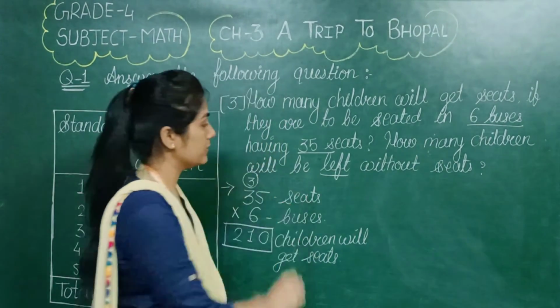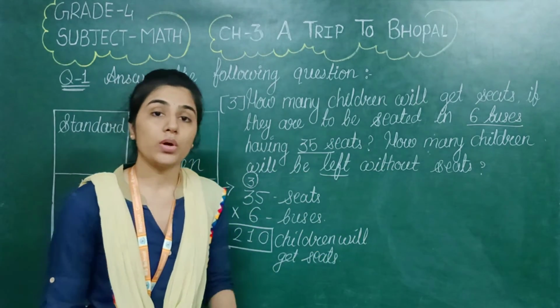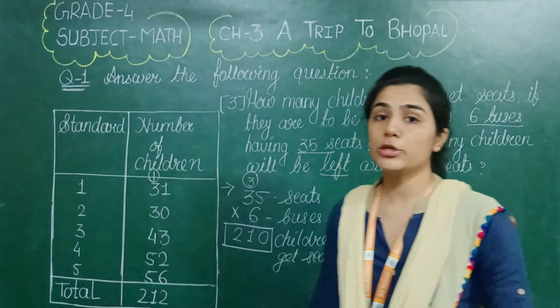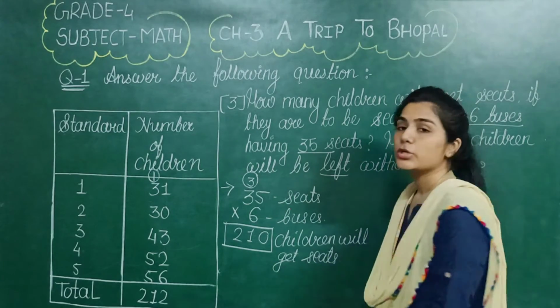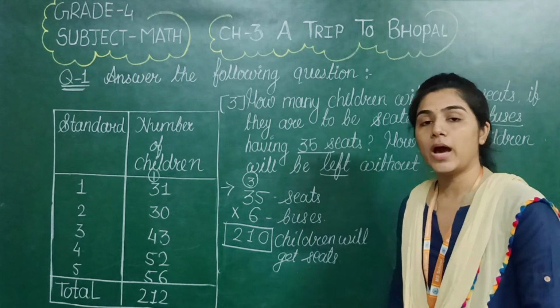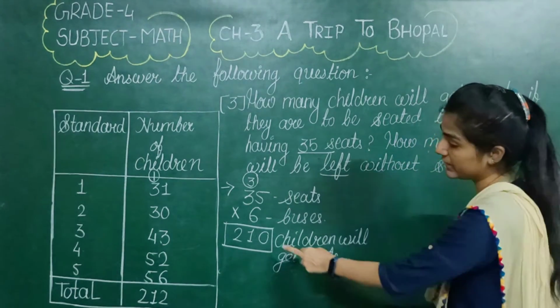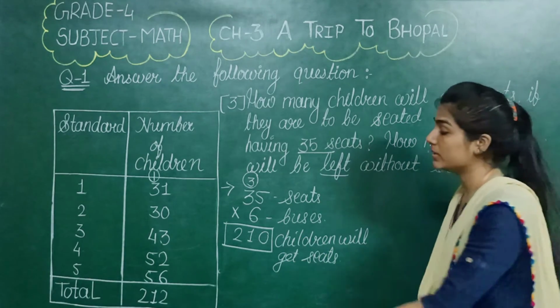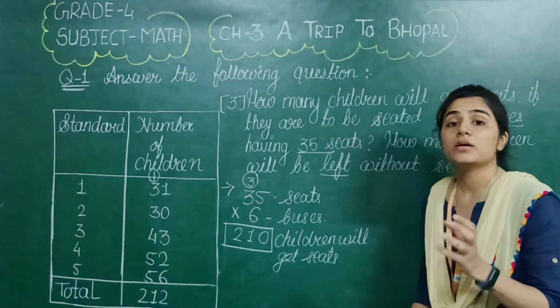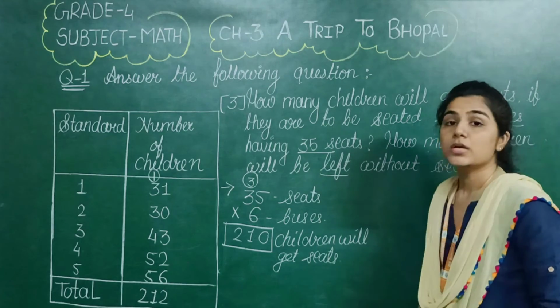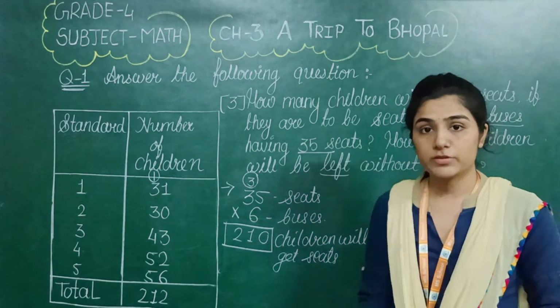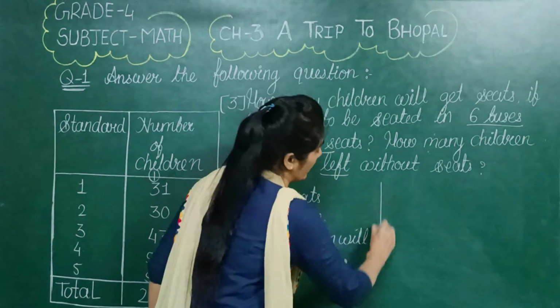How many children will be left without seats? We already know the total strength of children: 212 total children are going on the trip. But here it is given 210. That means 210 children are arranged in these 6 buses. So how many children are left without seats? That we have to find.